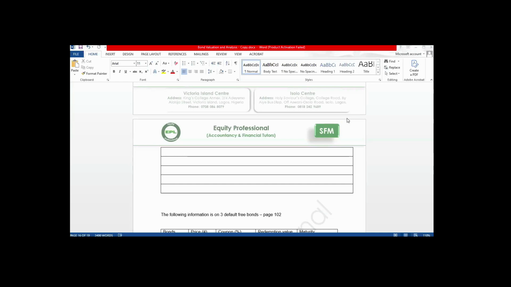The forward rate is the rate of interest that is fixed today for a loan our company is planning to take at a future specified date.